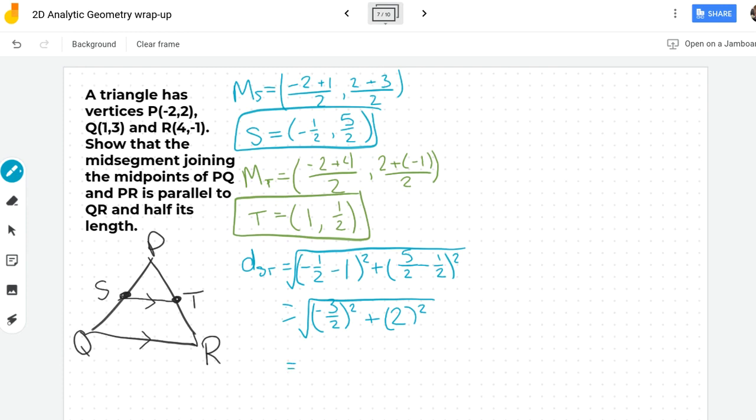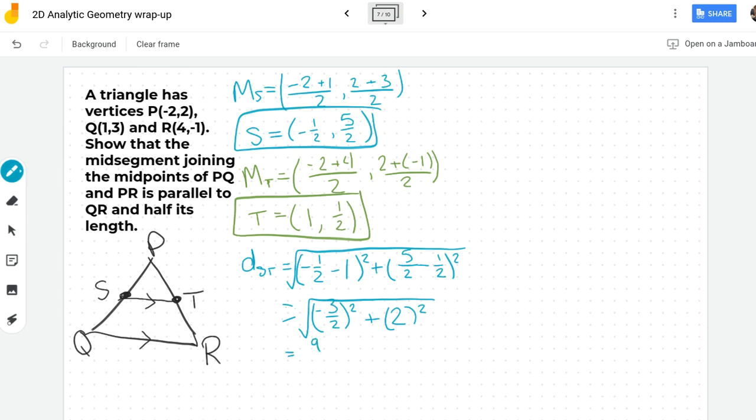When you square a fraction, you square the top and you square the bottom. So we get this. We need to find a common denominator and add them together. So 4 will be 16/4. I wonder if I can squish it all in here. Let's see.